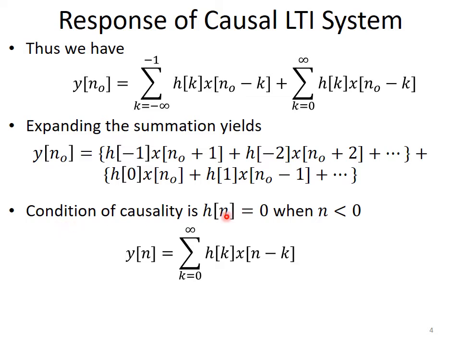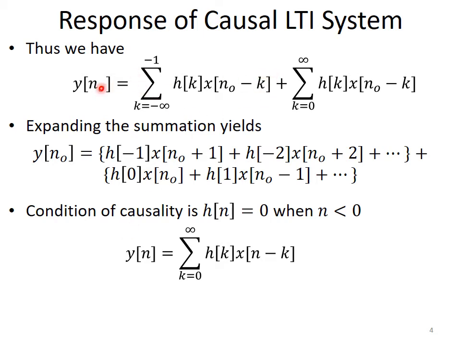So we can now say that the condition of causality is h of n is 0 when n is less than 0. So when n is less than 0, this summation would be 0, because whatever the values of x of n naught minus k are, h of k would be 0 for negative values of k.